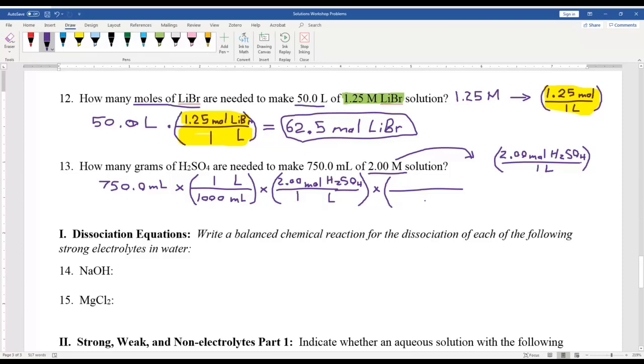And then the moles of H2SO4 comes down on the bottom. And then it can convert to grams. And this is probably the one that might have been a little tricky for you to recognize: you had to convert from moles to grams.